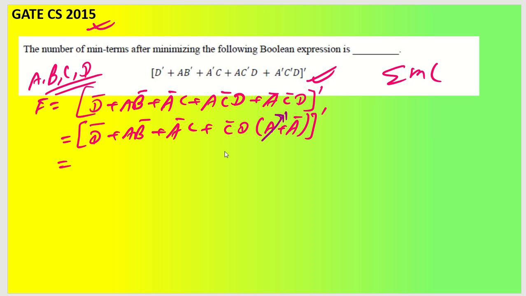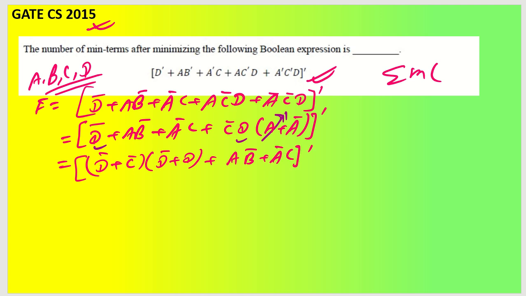Now if we want, we can do a little more simplification. If we see here, D bar plus C bar D, we can take this term and this term together. Then we get D bar plus C bar into D bar plus D, plus again A B bar plus A bar C, the whole bar.